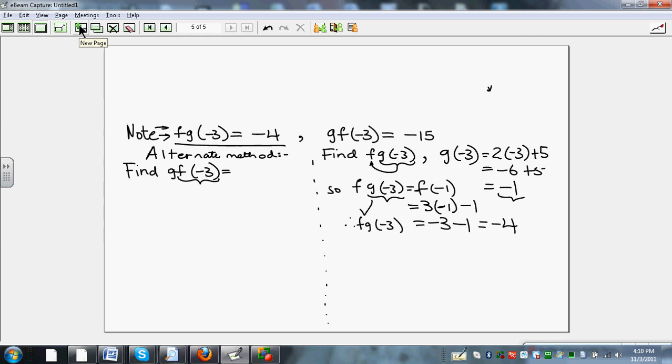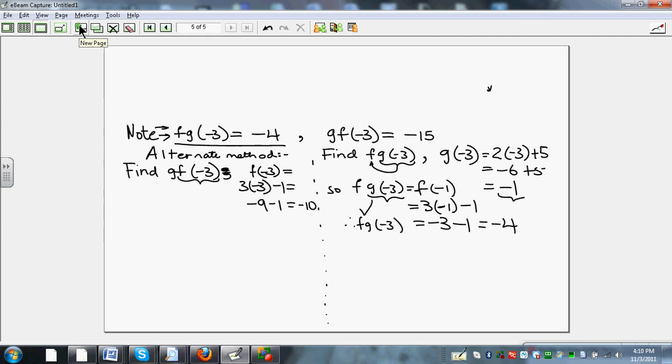So let us find, first of all, f of minus 3. f of minus 3 would be equal to, we go back to what f of x was, it was 3x minus 1, and we'll substitute minus 3 for x in f of x. That is, we'll substitute minus 3 into 3x minus 1. So it becomes 3 by minus 3 minus 1, and that'll be equal to minus 9 minus 1, which is equal to minus 10. We get minus 10.